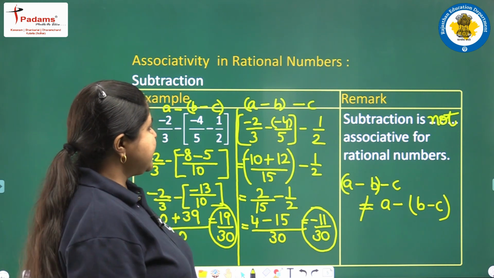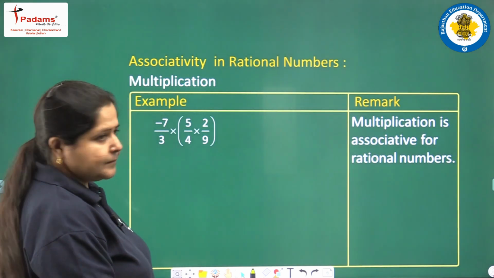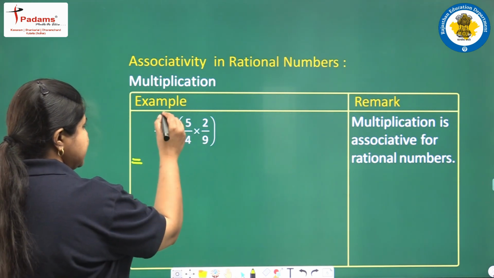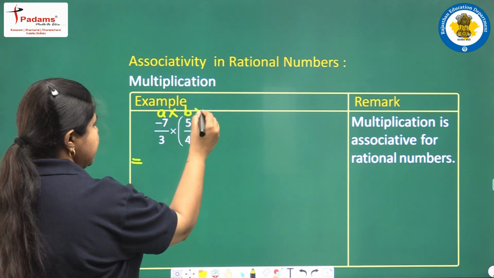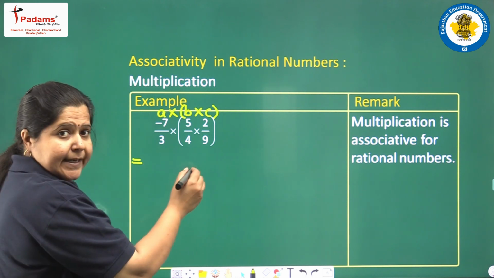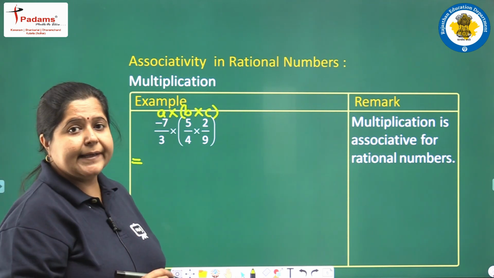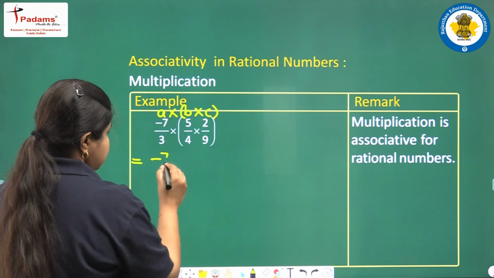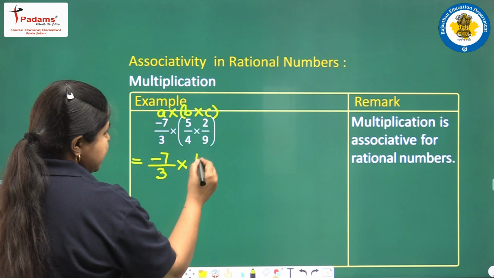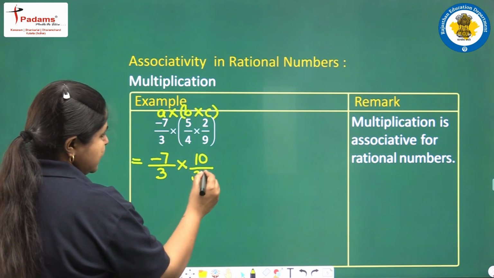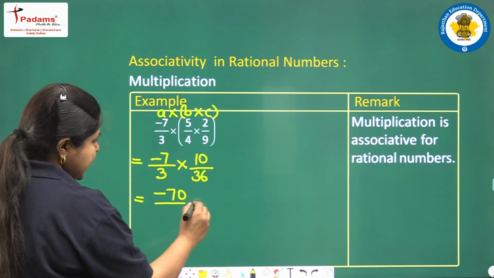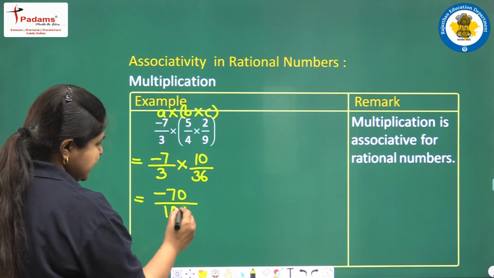Clear? Next we move on to multiplication. We have one example. Just multiply. Let this be A, this be B and this be C. First we are multiplying B and C. We first operate on the bracket. Minus 7 upon 3 into 5 2s are 10 and 4 9s are 36. Now we can multiply: 7 10s are 70 and 36 into 3 is 108.